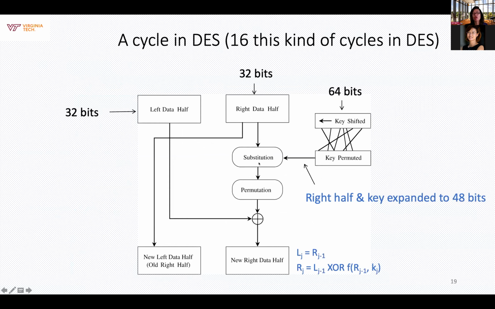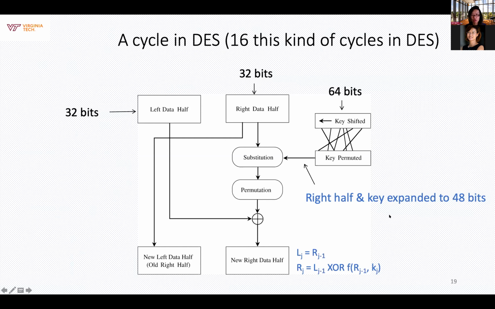Here is a high-level diagram of one cycle in DES. DES has 16 cycles, and each cycle has this operation. Right now it's a little bit hard to figure this out. First of all, I want to point to your attention, it splits the block in half, a 32-bit left half and a 32-bit right half.